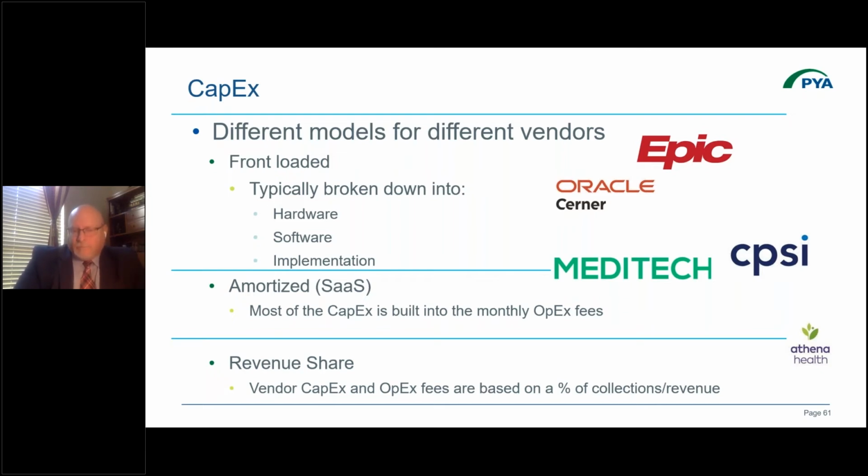In that case, they're taking a percentage of net revenue. There's little, almost negligible, upfront hardware cost or software implementation cost. Once the system goes live, you start paying a maintenance fee that's associated with what you're collecting, and that's how you pay for it.